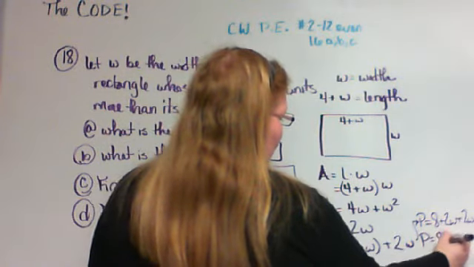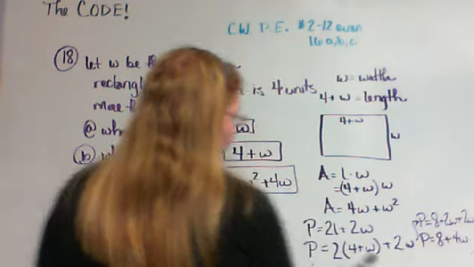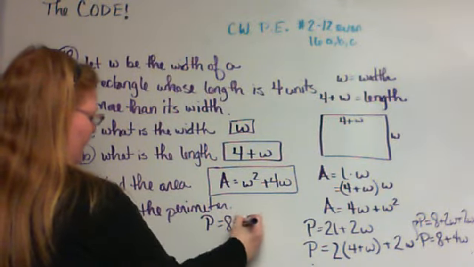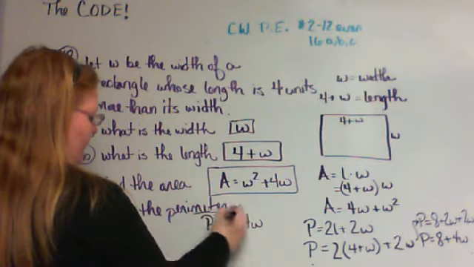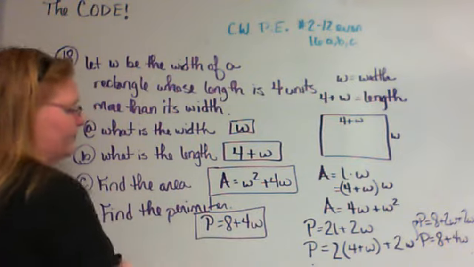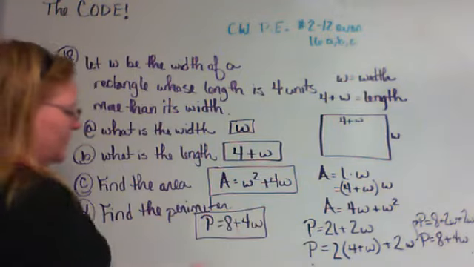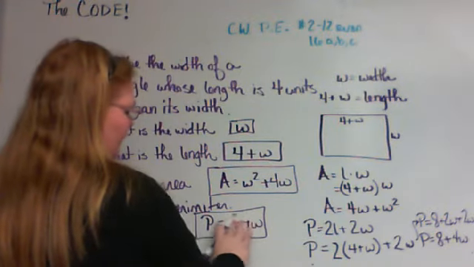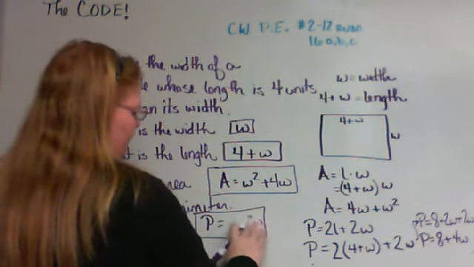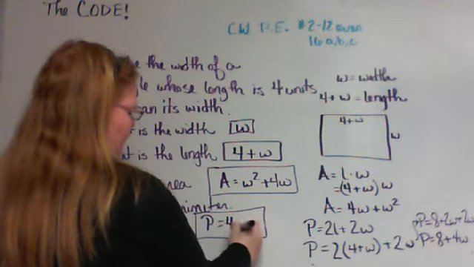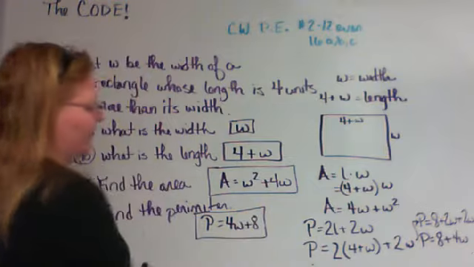So P equals 8 plus 4W. Or 4W plus 8 technically is better. Put that letter first. Either one.